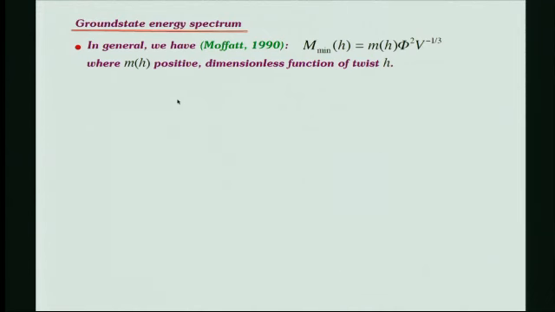The question of minimum energy states related to topology was addressed years back, and we have this realization by Keith that the minimum of the magnetic energy on dimensional grounds can be shown to depend on this function m of h, little m, where this m of h is a positive dimensionless function of the twist h present in these tubular knots and links.